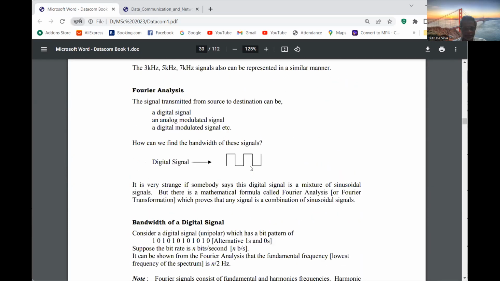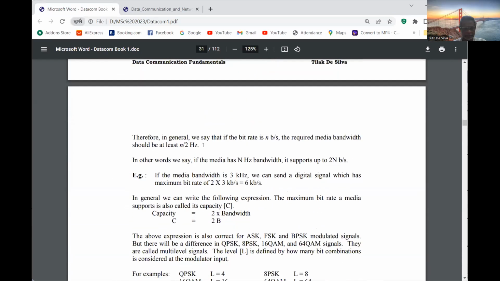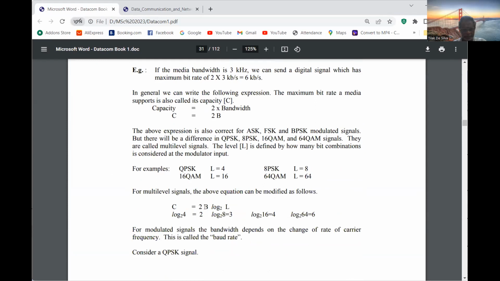Then last time I did the bandwidth calculation. The bandwidth is explained here. There's a question this time about bandwidth where the transmission media is given and the number of levels were given. One MCQ question is there.